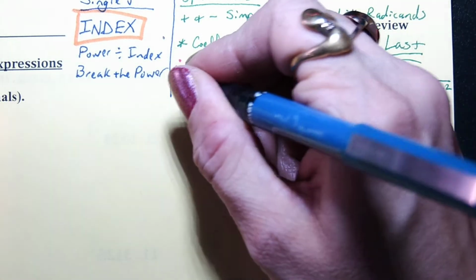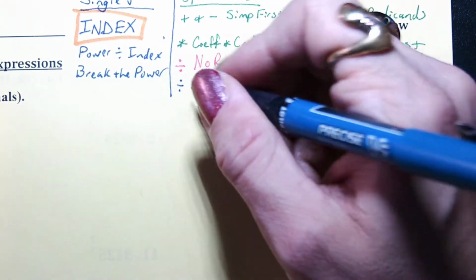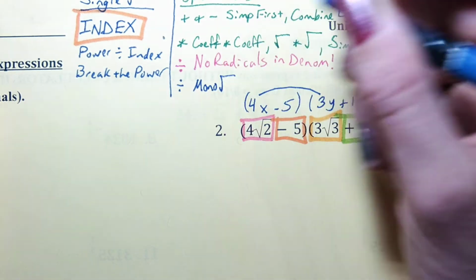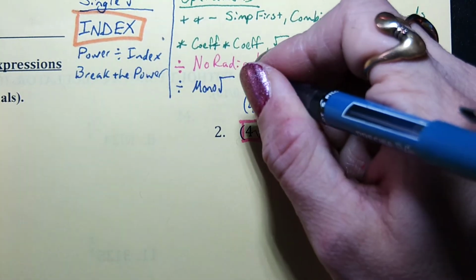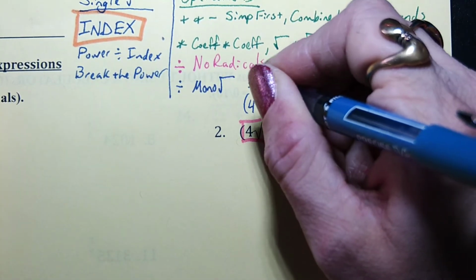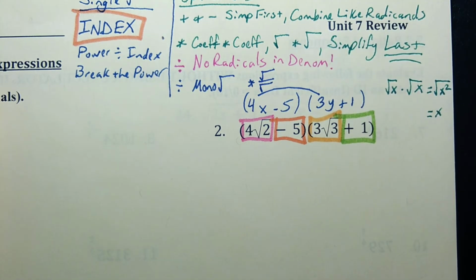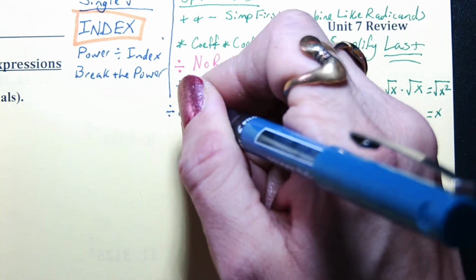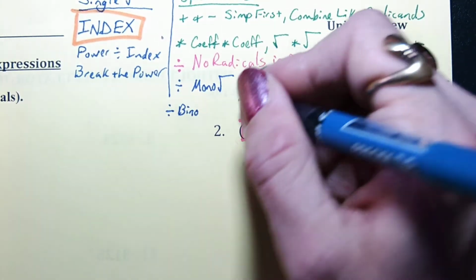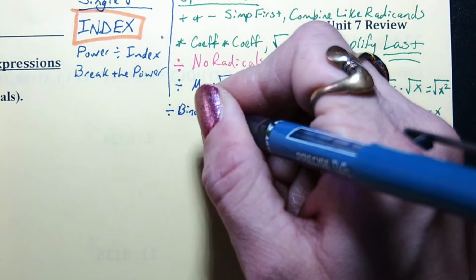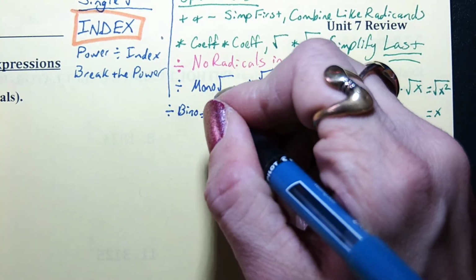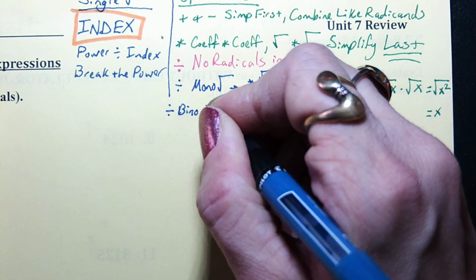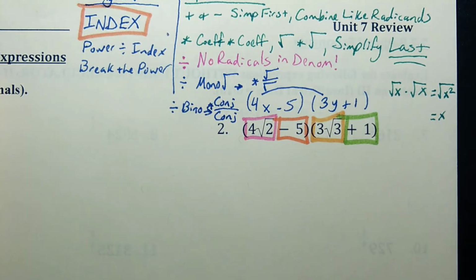Now, if you are dividing by a monomial radical, then you just multiply by that radical over itself as the creative form of 1. If you are dividing by a binomial radical, then you multiply by the conjugate over the conjugate as the creative form of 1.